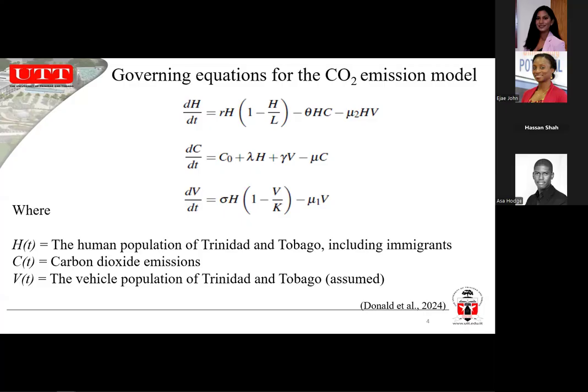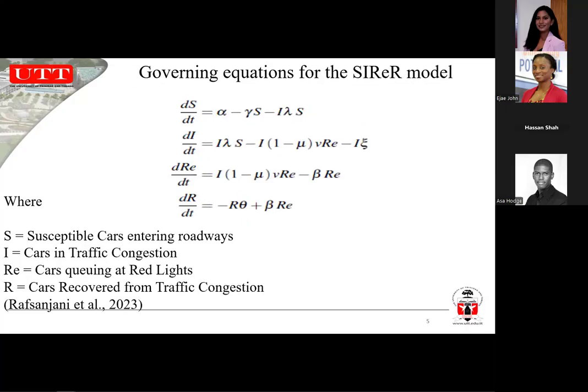Next, we have the governing equations for the SIRER model, or simply SIR model. This model is used to study the traffic congestion section of our research, and was studied by Rafsanjani et al.